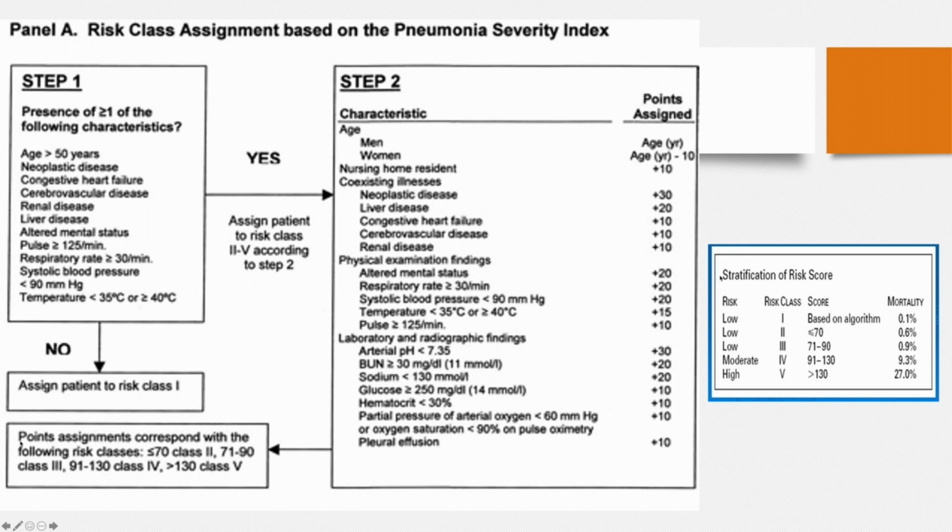You come over here once you have this tally and you put them in a risk class. Low being 1, and based on the algorithm, that would be a 0.1% mortality. Now, as you go up, the percent of mortality goes up along with it. And so this is what you should use to help you decide whether or not the patient needs to stay inpatient or not.